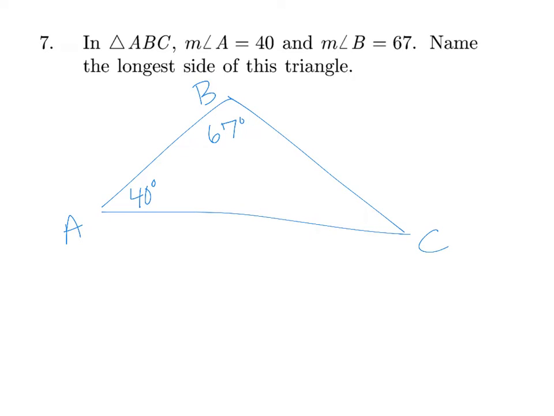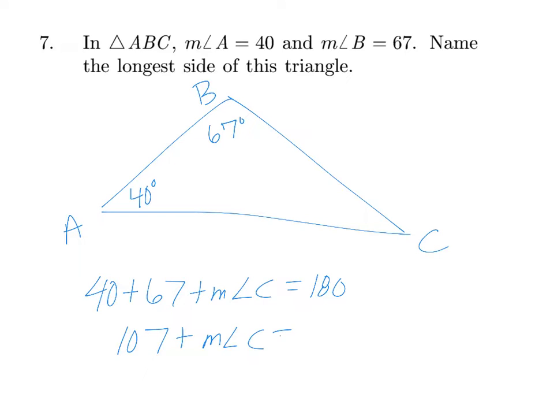Let's figure out C. So 40 plus 67 plus measure of angle C is equal to 180. 107 plus measure of angle C is equal to 180. Subtract 107. Measure of angle C is equal to 73 degrees.